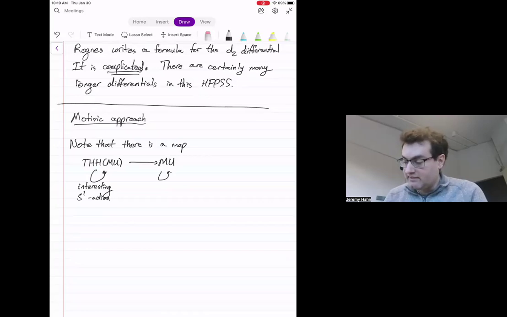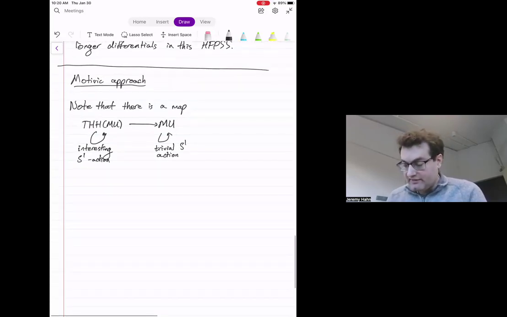But here we just have a trivial action. And it is completely formal to construct this map from the description of THH of mu as a colimit of the constant diagram. So this is a simple enough map. And so we can use it to do descent.